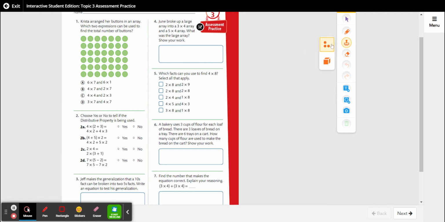And it might help to visualize this problem as well. So let's start by making an array that is 4 times 8. So start with 4 rows, 1, 2, 3, 4, 1, 2, 3, 4, 5, 6, 7, 8. Squeeze that in there. Oh, that's not so good. Sorry about that.